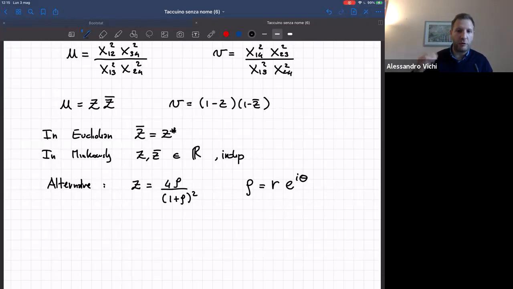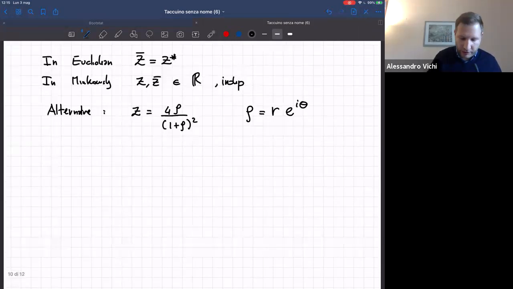Okay, if you remember in 2 dimensions, the special conformal transformation is 1 over Z minus Z0, you can just put 1 to infinity. Similarly, you can do it in higher dimension.